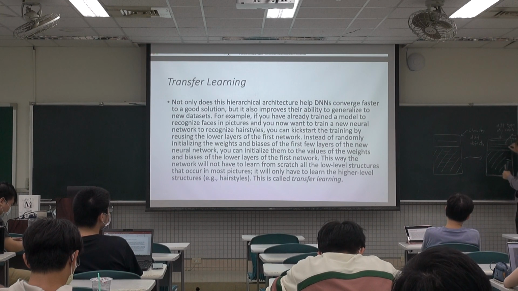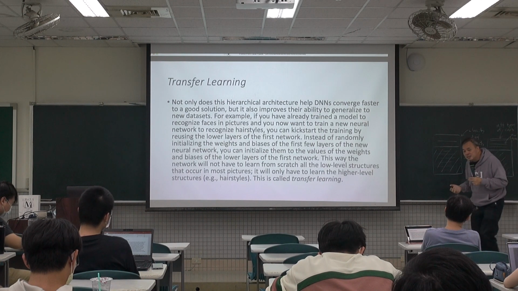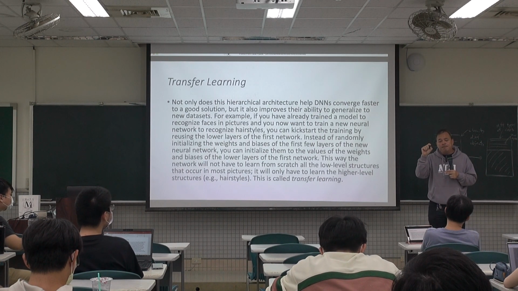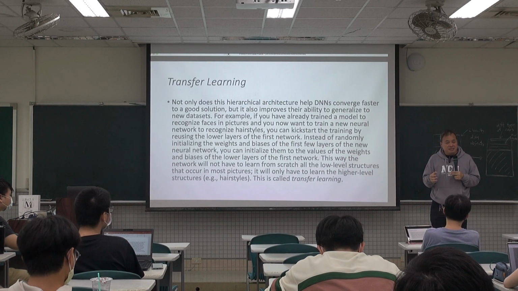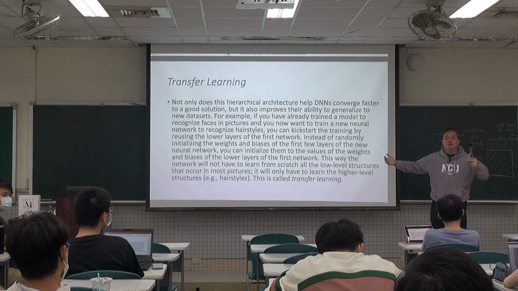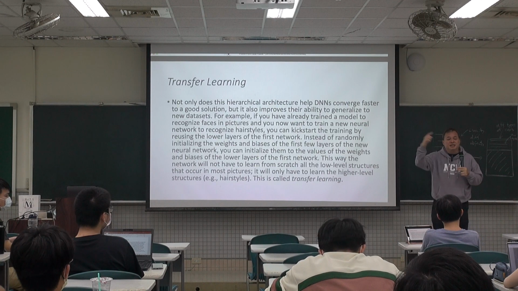You only need to train these few new layers to be able to classify different types of cars. So you don't need so many training instances. The training set can be much smaller, and the training process can be much shorter.